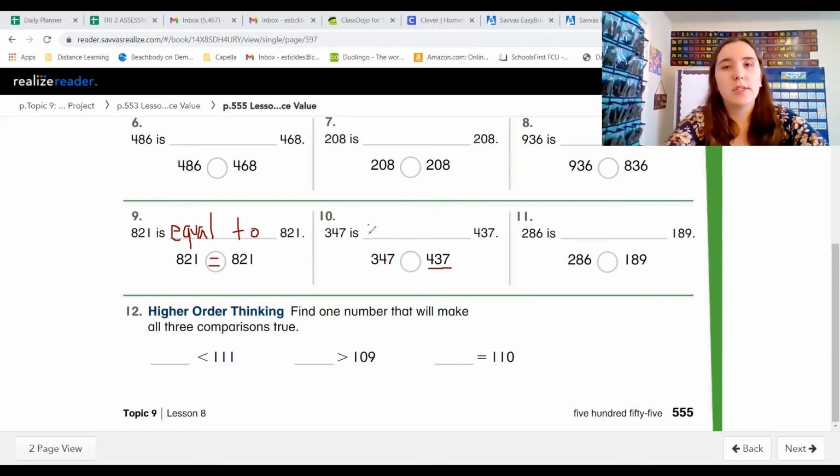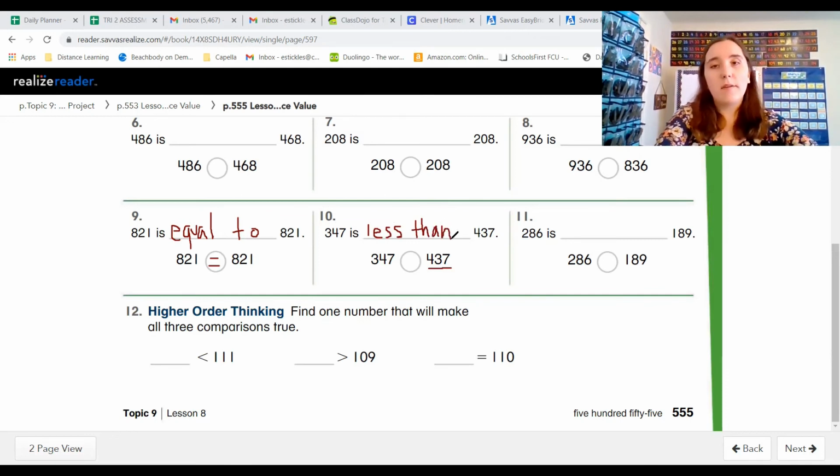Less than. So we're going to say 347 is less than 437. And the opening of our symbol has to point towards the bigger number, which is 437. So we have to use our less than sign. We're going to turn the page and do 2 more quick problems together, friends.